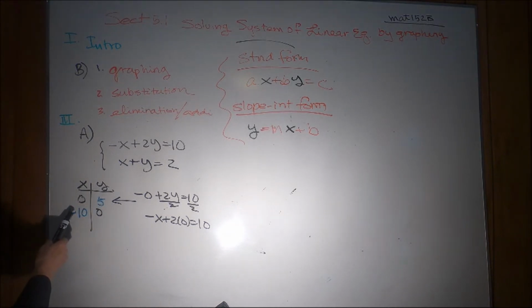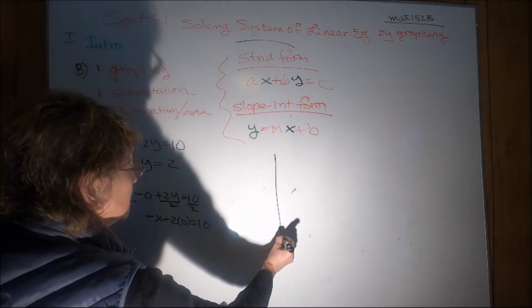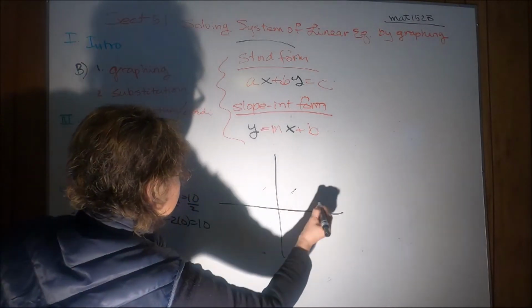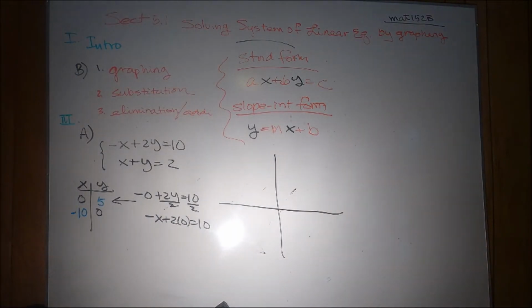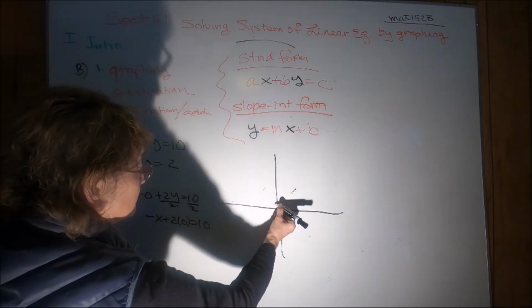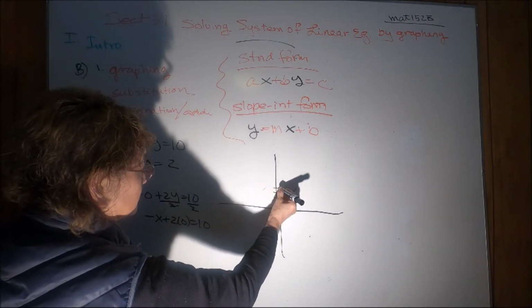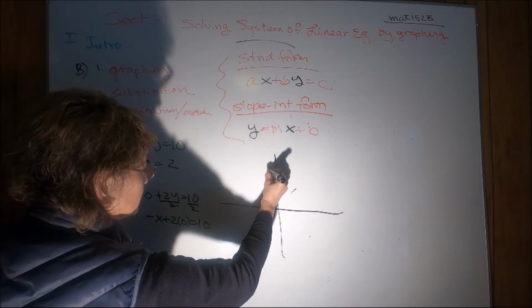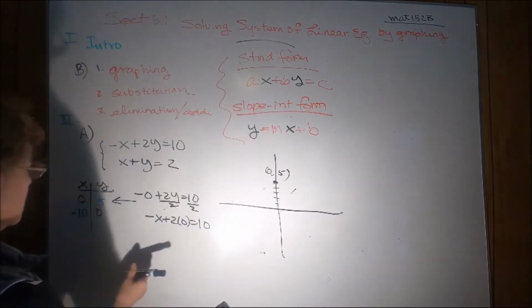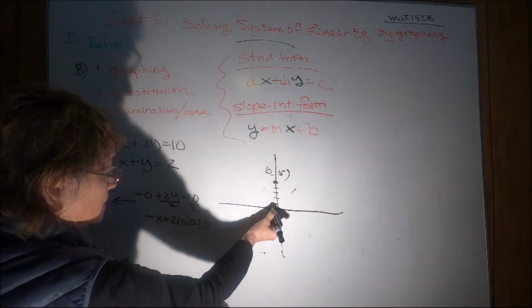When x is negative 10, y is 0. So, when we graph it, what do we have? 0, 5. Right? Another one is negative 10.